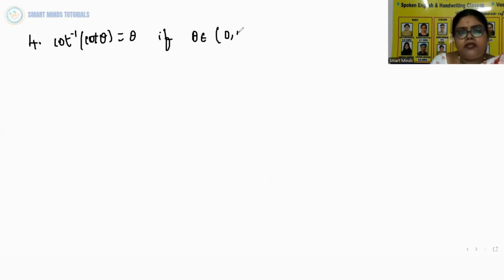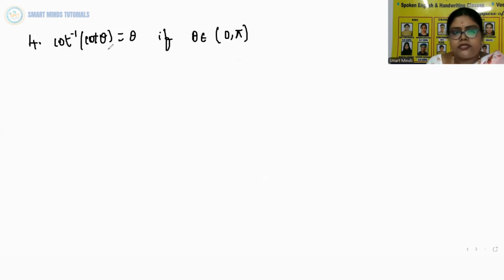Next, number 4. Cot inverse of cot theta equals theta if theta belongs to open interval 0 comma pi. So here the angle lies between 0 and pi, excluding 0 and pi. So 0 and pi are not included here.